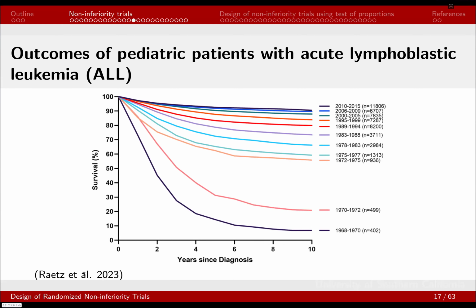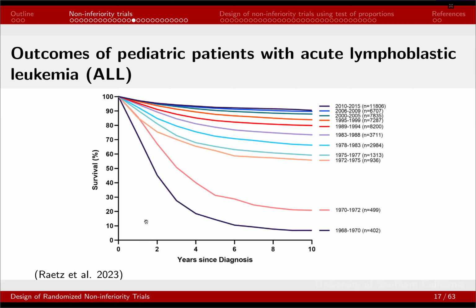Reeds and her colleagues 2023 presented outcomes of pediatric patients with acute lymphoblastic leukemia based on COG experience. They also described the treatment strategies for kids with ALL. As we can see, over the decades, there is a steady improvement in outcomes of patients with ALL.